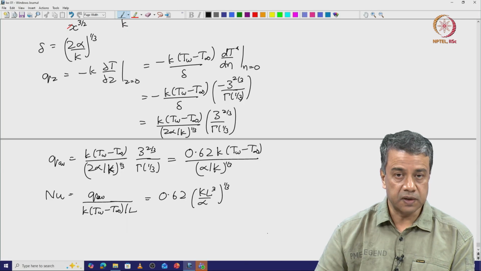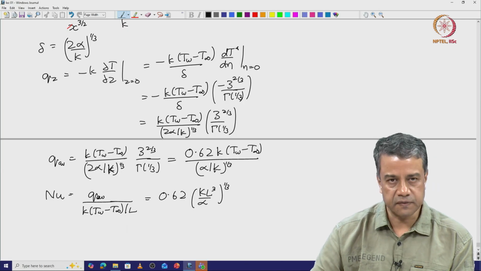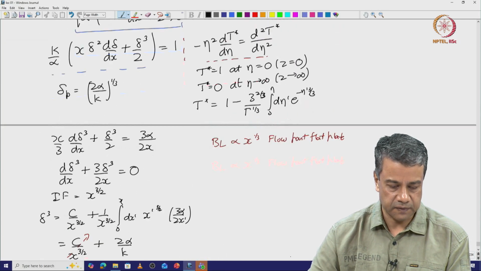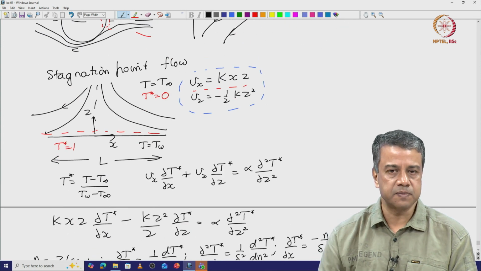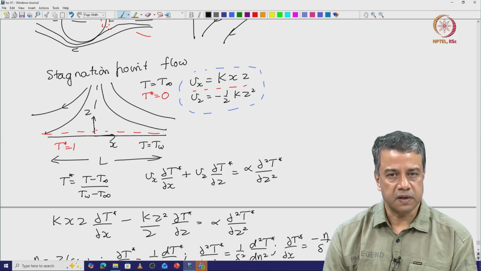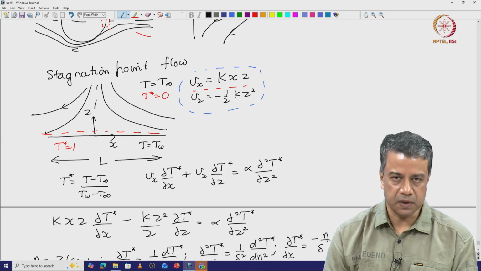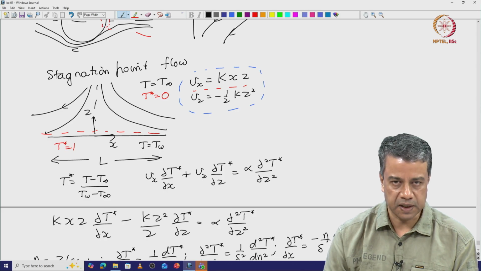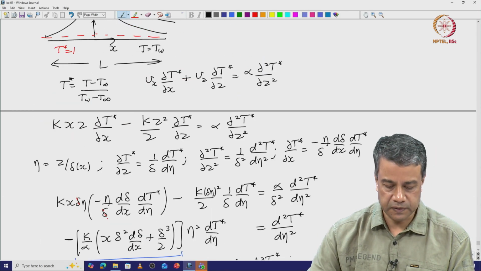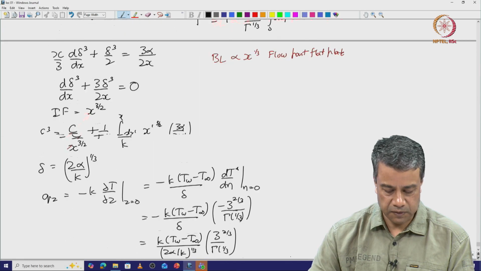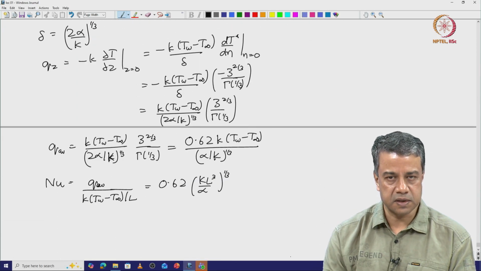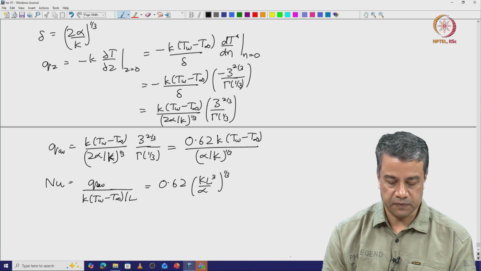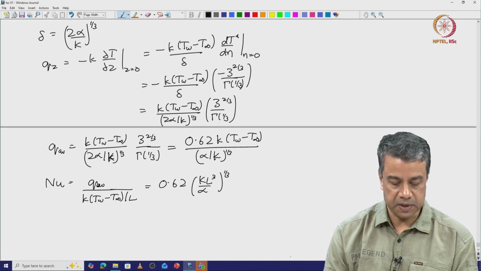So in this case the boundary layer thickness is a constant, so the average heat flux is equal to the local heat flux. Also note that the velocity goes as k times x times z. Velocity is length per unit time. Therefore, k has dimensions of 1 over length, 1 over time. So k times L cubed has dimensions of length square per time, and therefore this is effectively a dimensionless group.